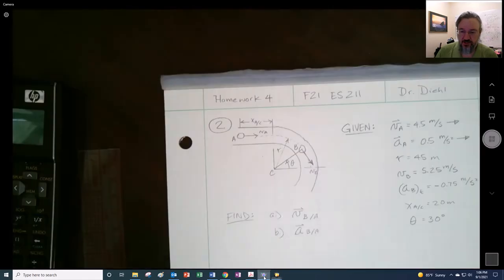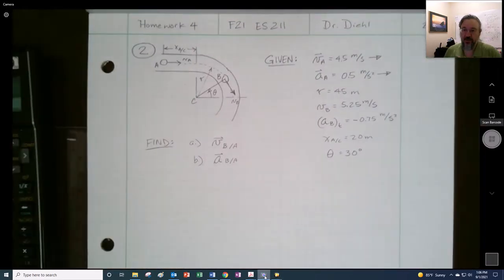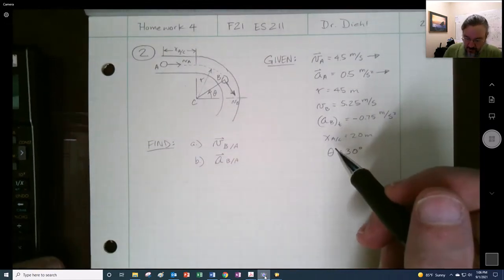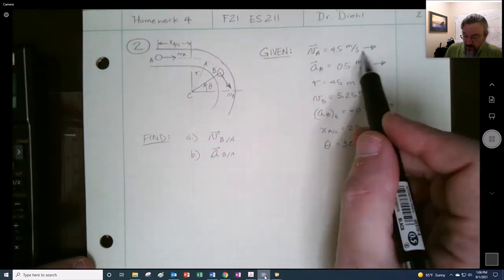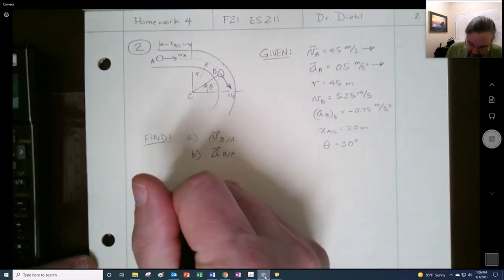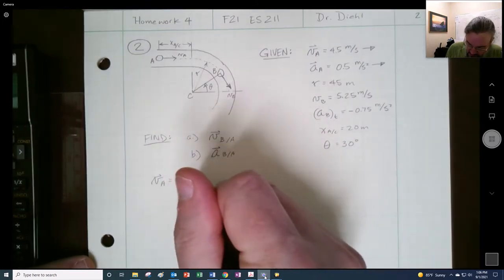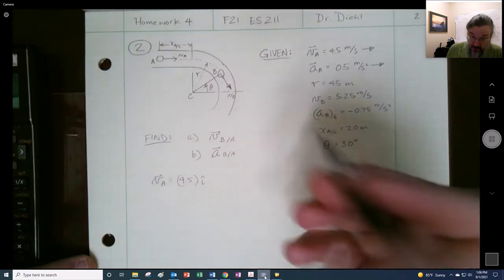So the good thing to do in many of these problems, aside from writing down all the givens and the finds and drawing a diagram, is to try to write the vectors for what we know. I've already written them up here, but let me rewrite them. The velocity of A is 4.5 i, which gives us direction.